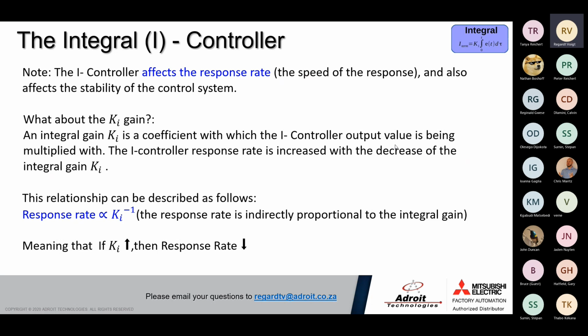So as I mentioned, it will affect your response rate, so the speed of response. It will reduce your actuator's output response rate, but it will stabilize your control system. So it's important to have a balance between stability and accuracy. These two factors work against each other.